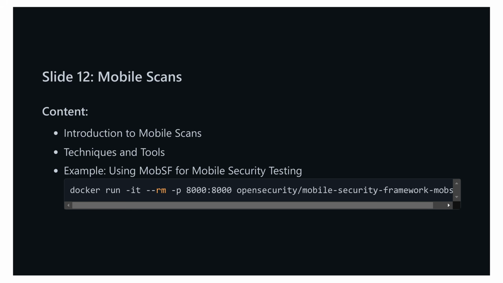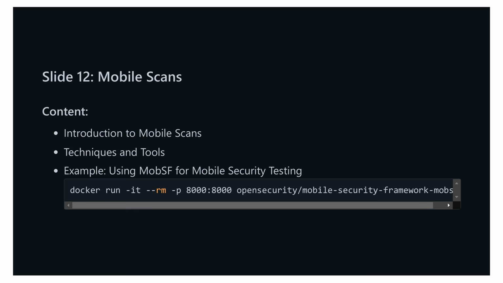To get MobSF up and running, we can simply use Docker to streamline the setup process. The command we would use is docker run -it -p 8000:8000 opensecurity/mobile-security-framework-mobsf. This command pulls the MobSF image from Docker Hub and runs it on port 8000. We'll go through this process in detail and demonstrate how to use MobSF to conduct a mobile security scan.